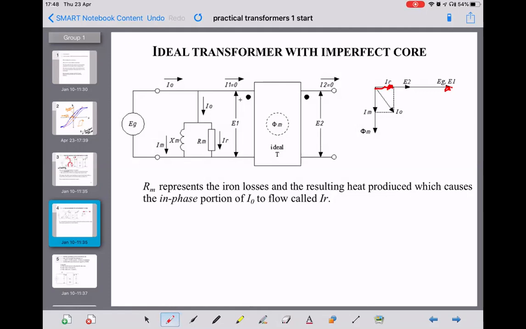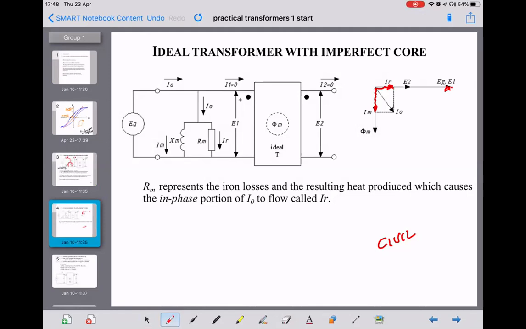And then IM is an inductor current, so it's 90 degrees, via CIVIL, the word we use, inductive circuit, current lags voltage. So that's 90 degrees out of phase with the resistor current. E2, the secondary voltage, will be in phase with the primary voltage. As one goes up, the other goes up, as one comes down, the other comes down. That will always be true.